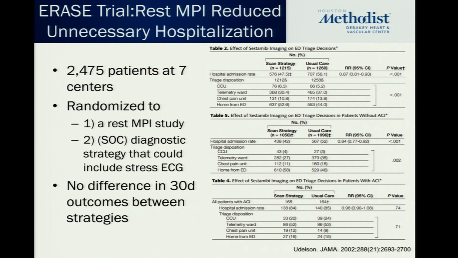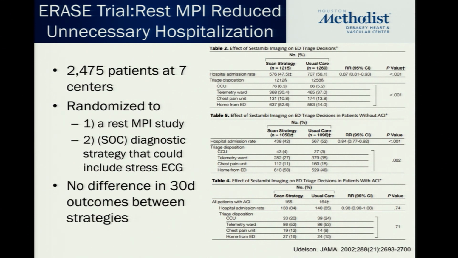randomized to a rest myocardial perfusion study versus standard of care. Standard of care is what we've shown you, what we do every day. And what they showed was that there was no difference in outcomes. So if you went along with this rest MPI strategy, there was no difference in outcome.